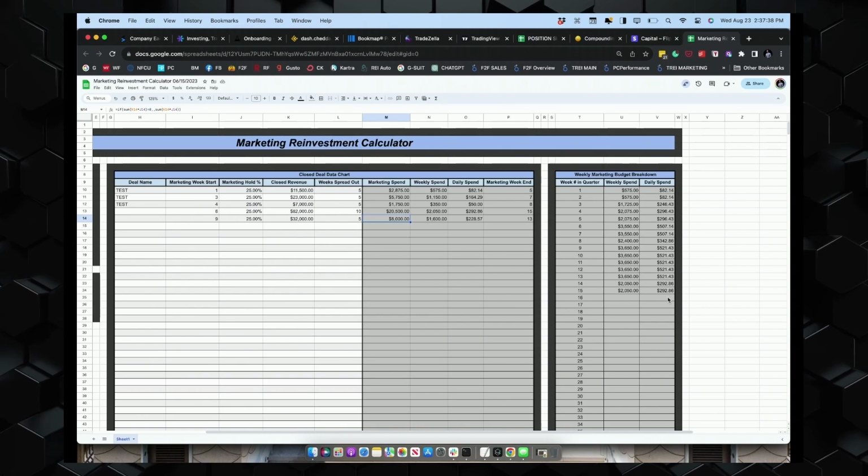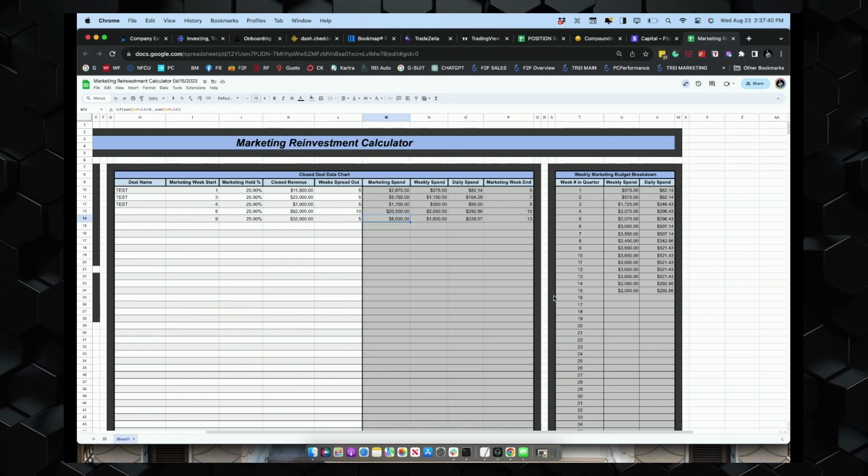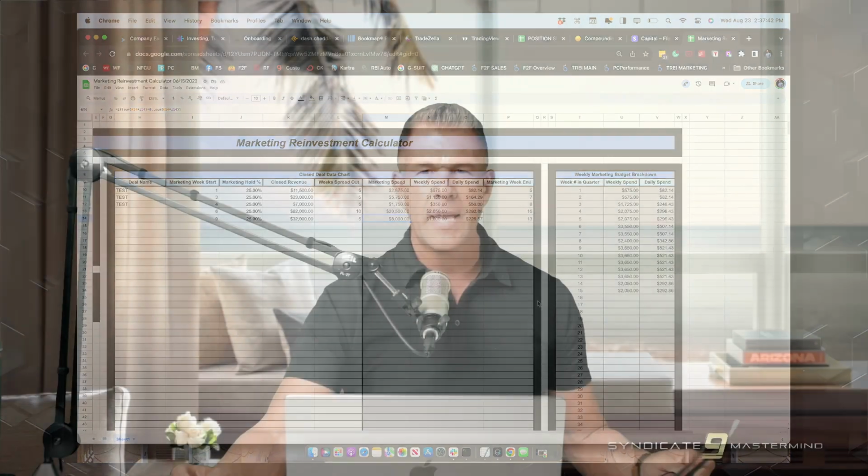So now let's look at the projection, right? Because one of the most important things is having confidence that your marketing spend based upon your KPIs is going to produce consistent revenue. I remember for the longest time, I would spend money and I would cross my fingers hoping that we would get deals.